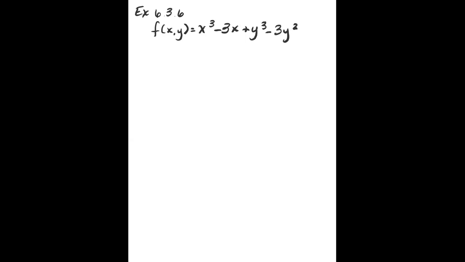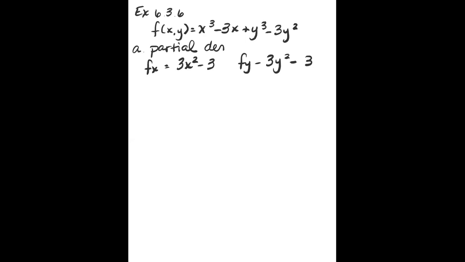Okay, the problem says find the critical points and classify them using the discriminant. The first thing that I ask you is partial derivatives. So let's find the partials. fx equals 3x squared minus 3. And fy is 3y squared minus 3y.